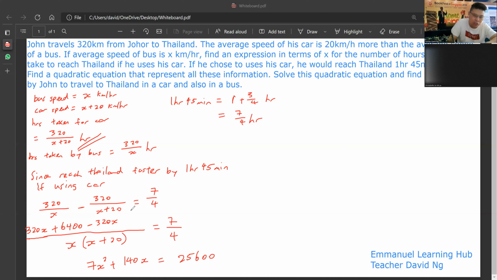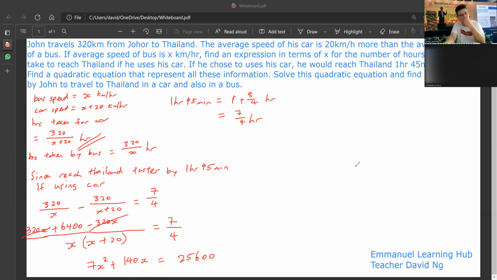Maybe I share the detail. How come I can skip so many steps? Because there is no more space to write. This one, 320 minus 320, the x disappears for the numerator. So 6400, cross multiply, 6400 times 4 is this. 7x multiplied by this: 7x times x is 7x squared, 7x times 20 is 140x.